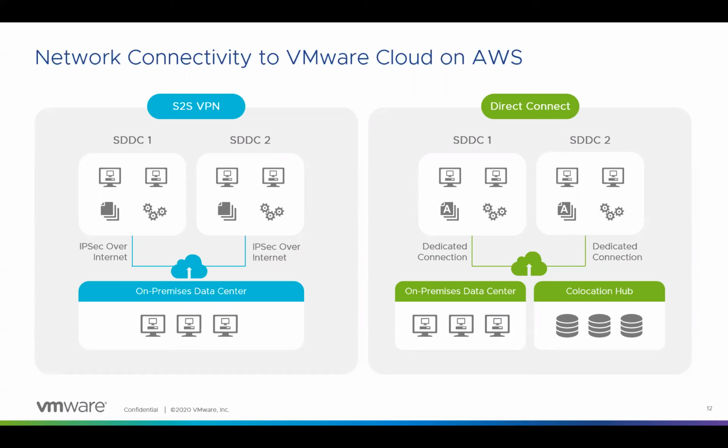So in this design, what we have done is we set up a co-location hub, and in that co-location hub, we connected from on-prem to this co-location hub, and from co-location hub, we can now connect to any SDDCs or any public clouds. So this helped us meet the requirement of the SLAs as well as the latencies as you had, and hence we decided to go with Direct Connect to provide the connectivity.